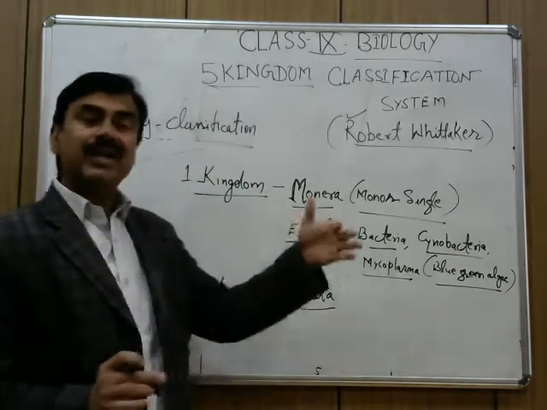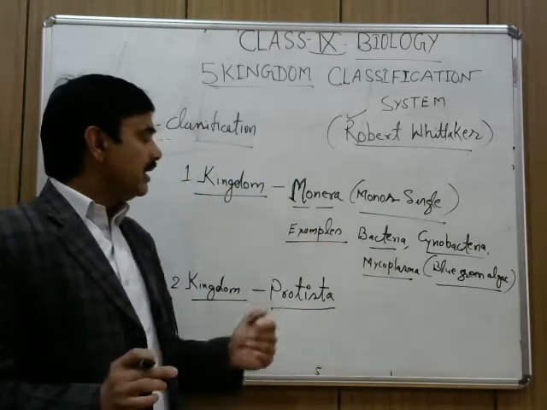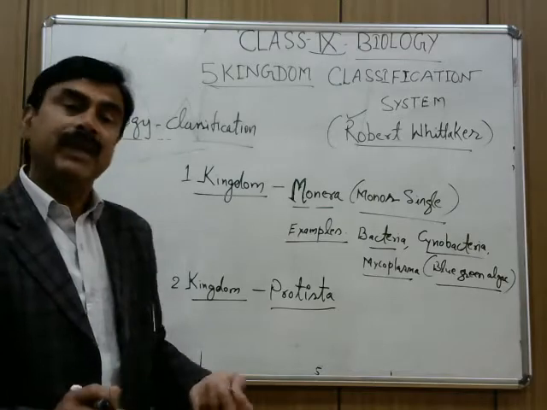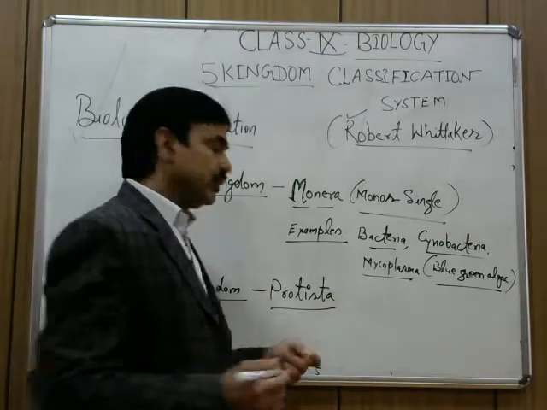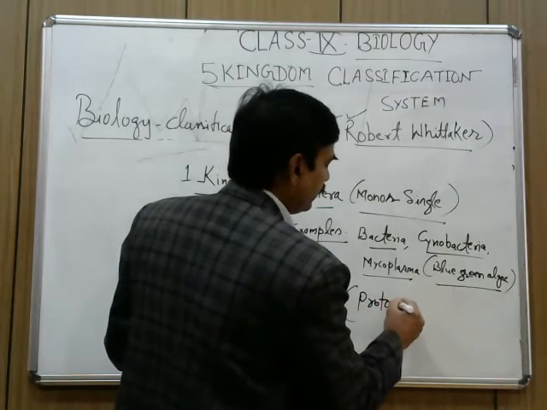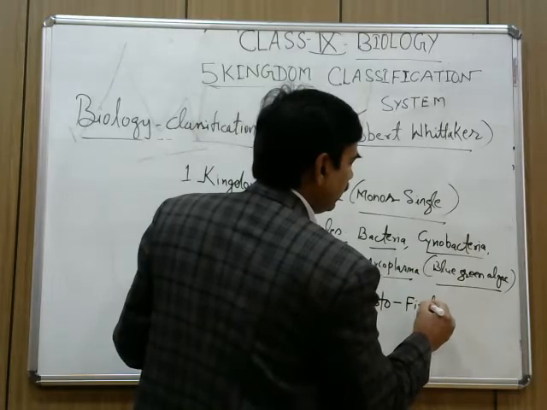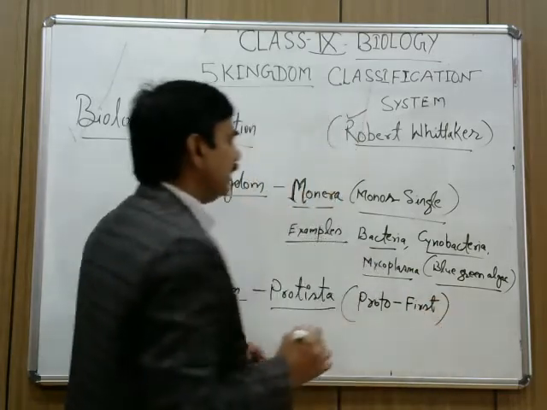Because in the Monera we have kept very small organisms, and in the Protista we begin all the protozoa, the first animals.